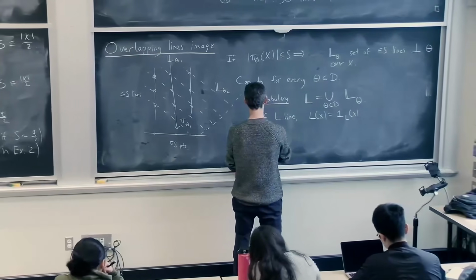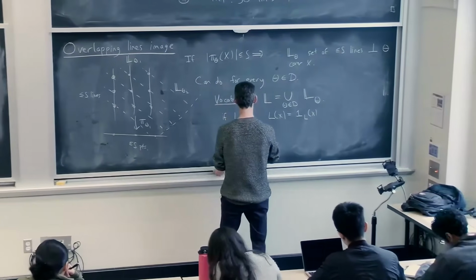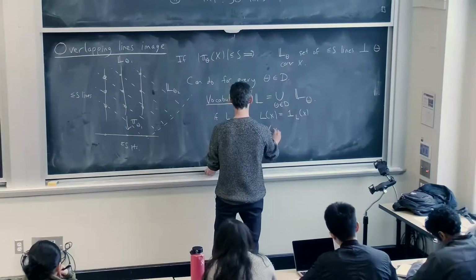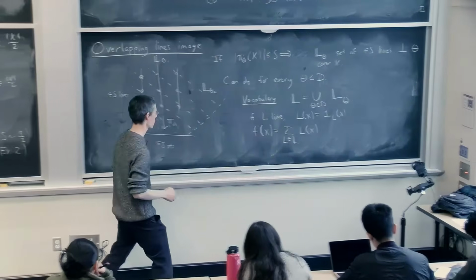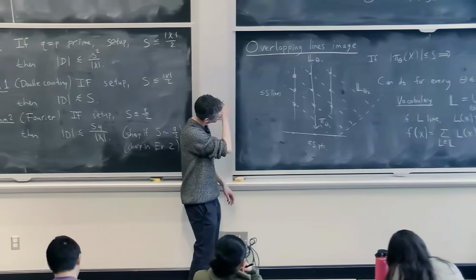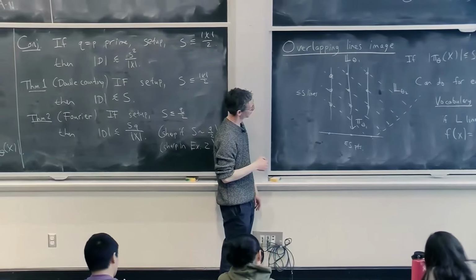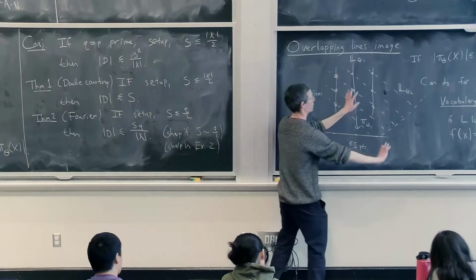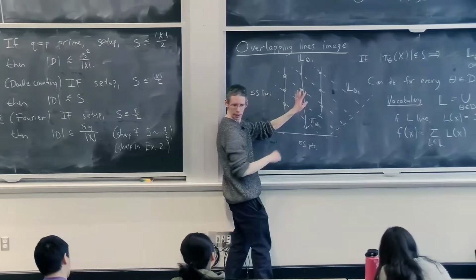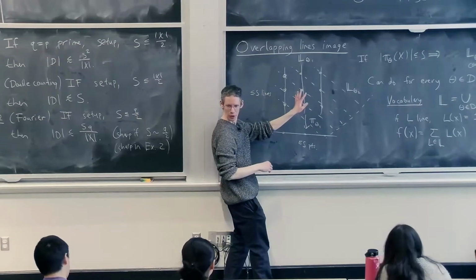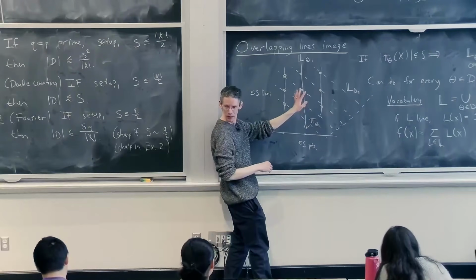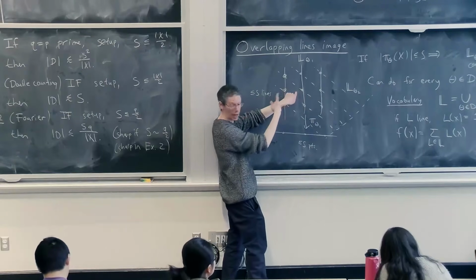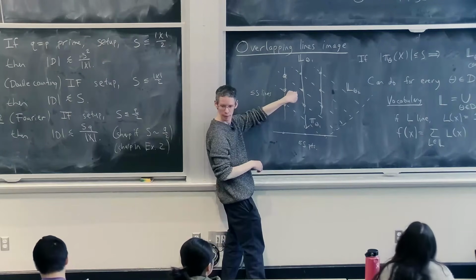So f of x is the sum over all the lines in my set of lines of L of x. Take a moment to visualize that. I have lines going in different directions. Imagine their characteristic functions, and add them all up. When I add them all up, at any given point, it will tell me how many different lines in my set of lines went through that point.